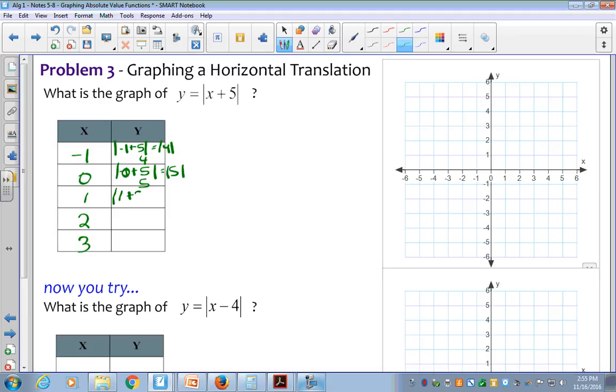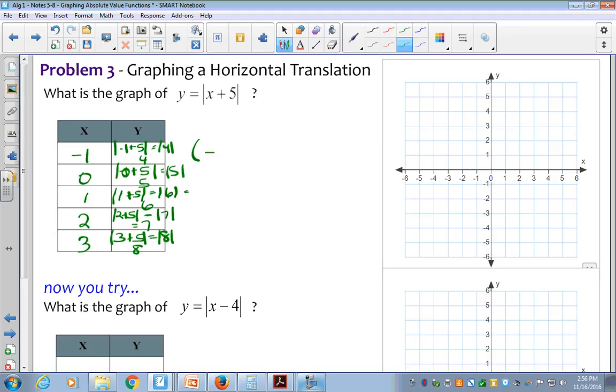Absolute value of 1 plus 5 is the same as the absolute value of 6, which is 6. Absolute value of 2 plus 5 is the absolute value of 7, and that is equal to 7. And absolute value of 3 plus 5 is the absolute value of 8, or just 8.